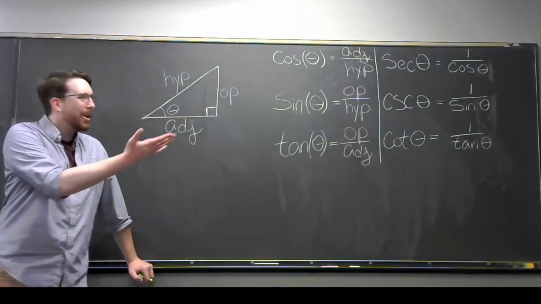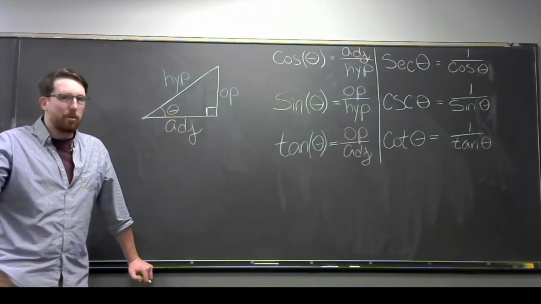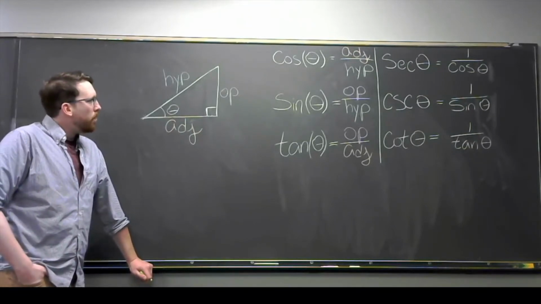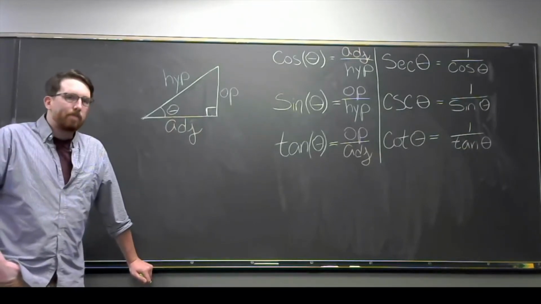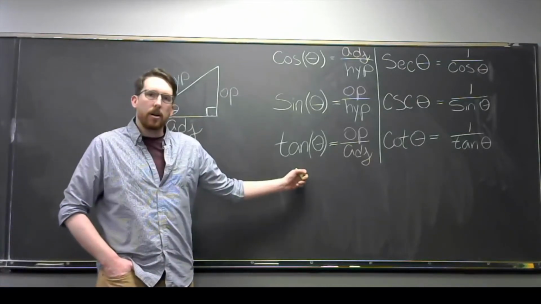And from here, secant, cosecant, cotangent, we can define it in the previous way. Now, having said that, I want us to take a moment to look at tangent.